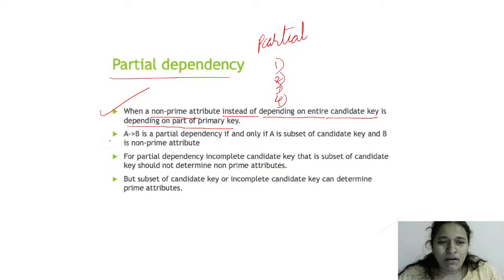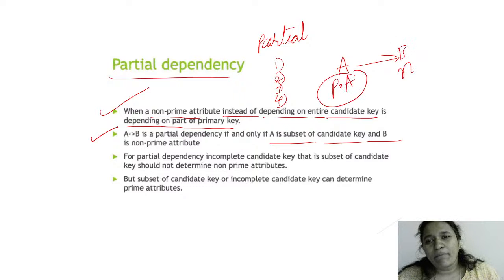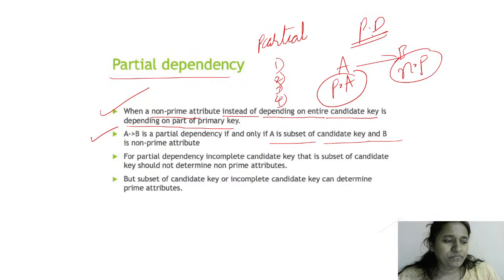Here A to B is a partial dependency if and only if A is a subset of candidate key and B is non-prime. That is, A is a prime attribute and B is non-prime, then it is a partial dependency.